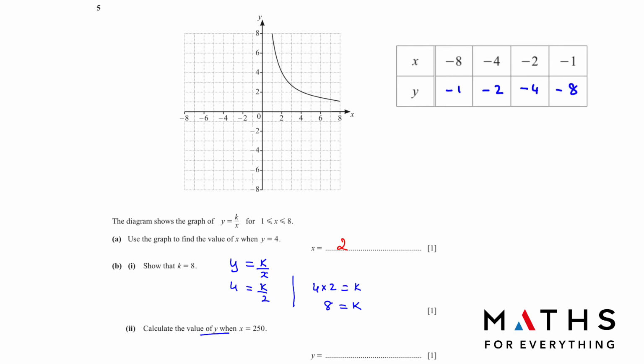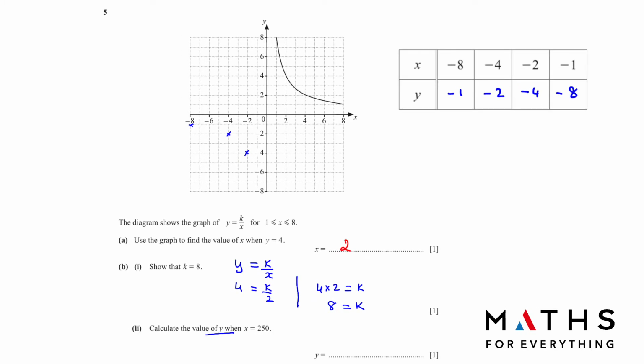When x is negative 8, y is negative 1. When x is negative 4, y is negative 2. When x is negative 2, y is negative 4, and negative 1, y is negative 8. We just have to draw a nice curve and join the points that we have plotted.